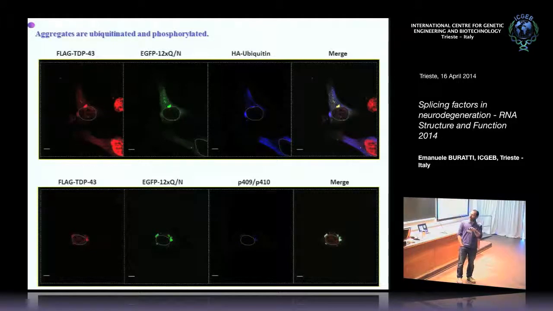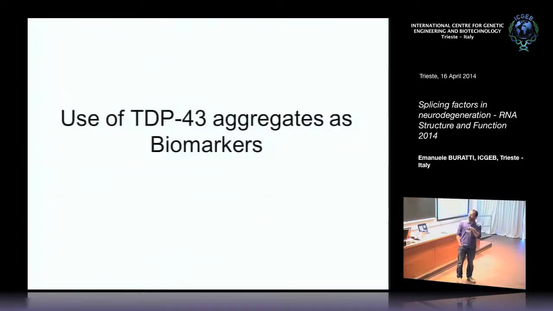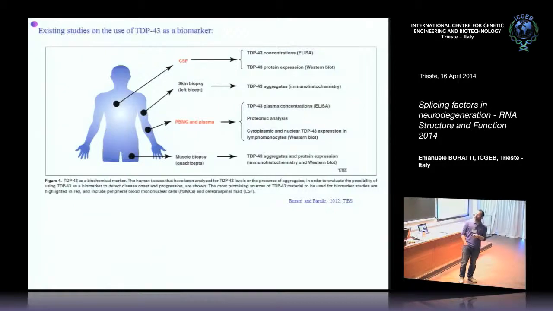So just another few words about biomarkers. We are just starting to be involved in this field, so we will soon start to also look at this issue. But basically, how can you use Tdp-43 as a biomarker?